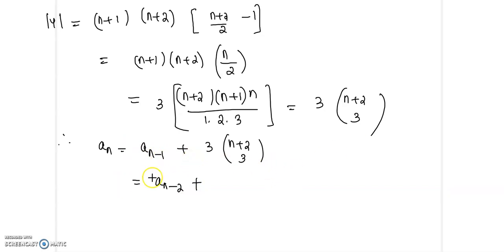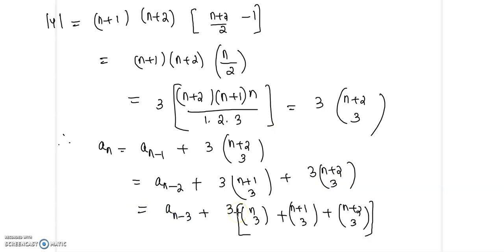So a_(n minus 1) is a_(n minus 2) plus 3 times, with n replaced by n minus 1, n plus 1 C3, plus 3 times n plus 2 C3. Again substituting for a_(n minus 2), that will be a_(n minus 3) plus 3 times n C3 plus n plus 1 C3 plus n plus 2 C3.